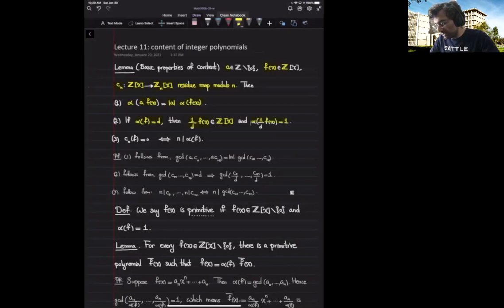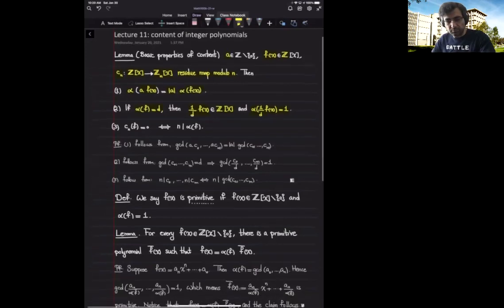Essentially, I've already factored out the greatest common divisor and divided by this, and that means that the remaining coefficients cannot have a common divisor except 1. And the last thing is that if I tell you f mod n is 0, that happens precisely when all the coefficients are multiples of n, and that means n should divide the greatest common divisor of all the coefficients, which means n should divide the content of f, and vice versa.